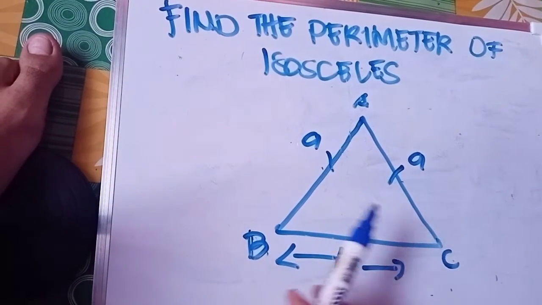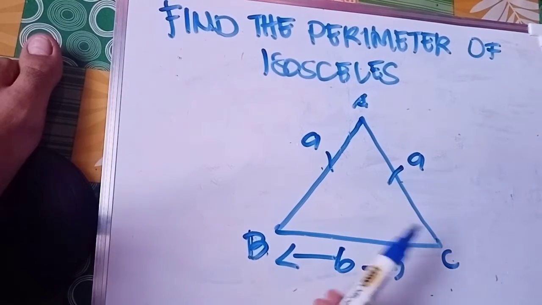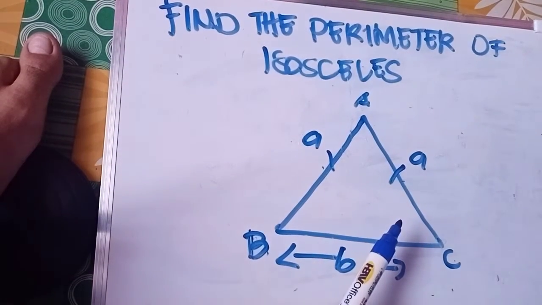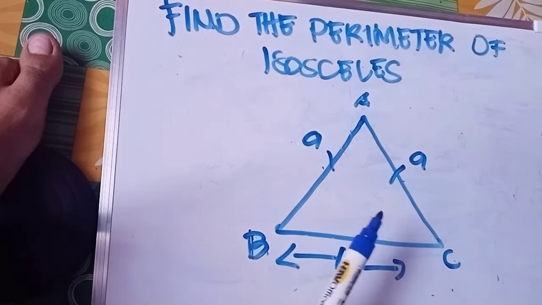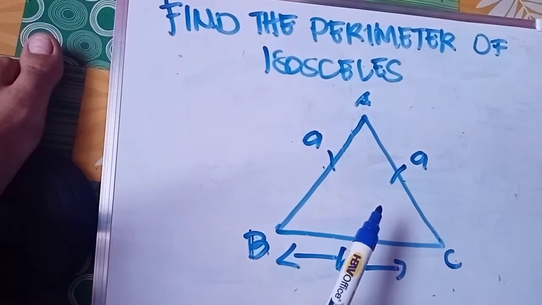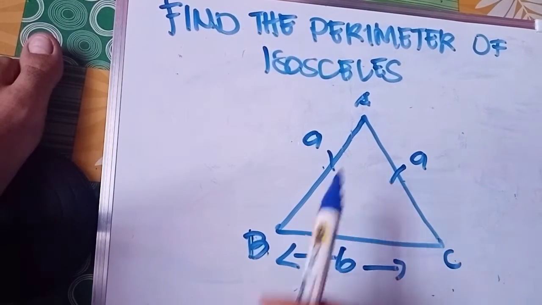The perimeter of an isosceles triangle is the total length of its boundary, which means the sum of all its sides. An isosceles triangle has two equal sides and two equal angles. The perimeter is calculated by adding the length of all three sides.